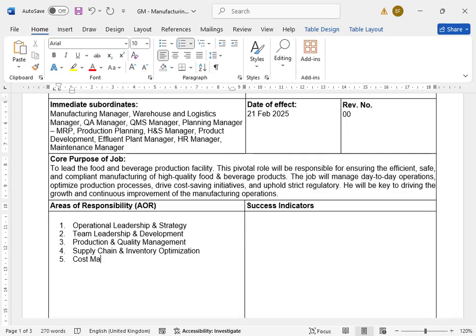Because you need to roll the running capital, the operations capital. So you need to roll it. Procurement is going to purchase the raw materials, the packaging materials, etc. And then the manufacturing will produce the products. And then the outbound logistics will sell the products.